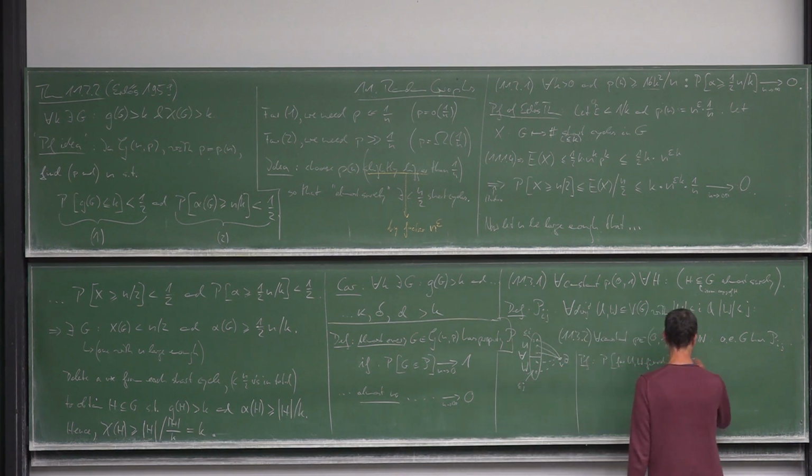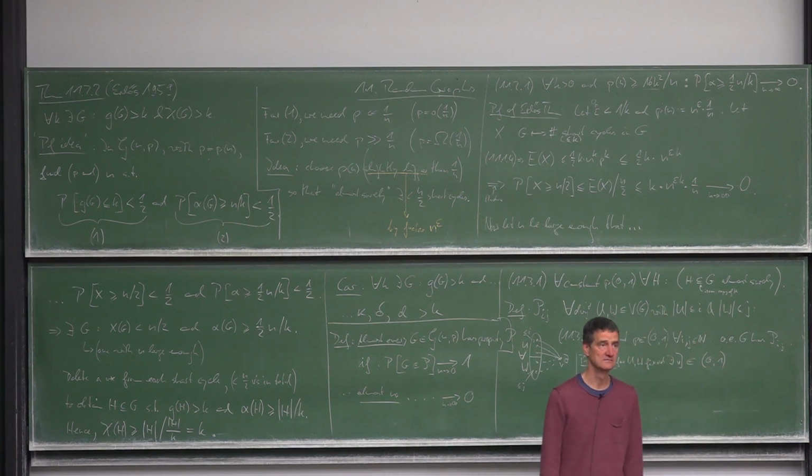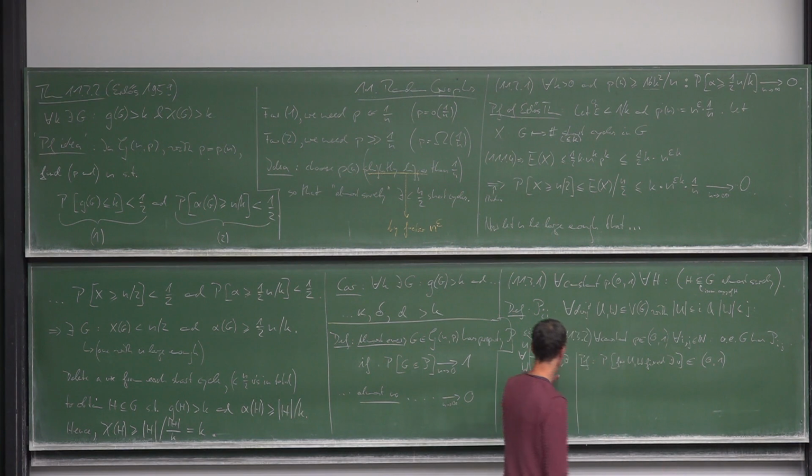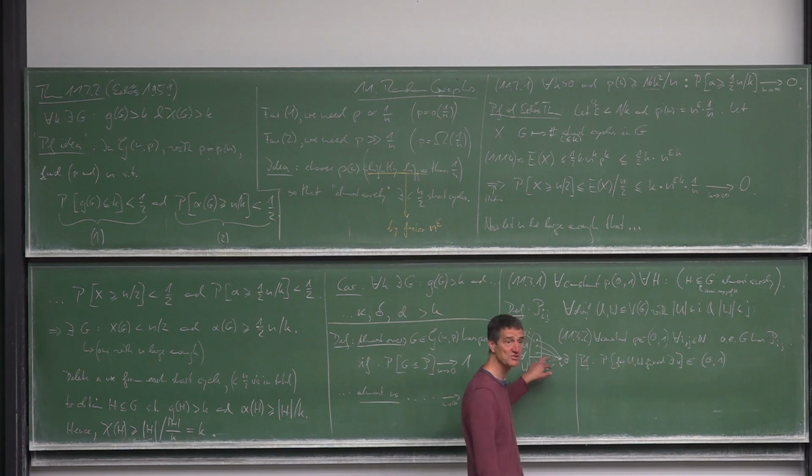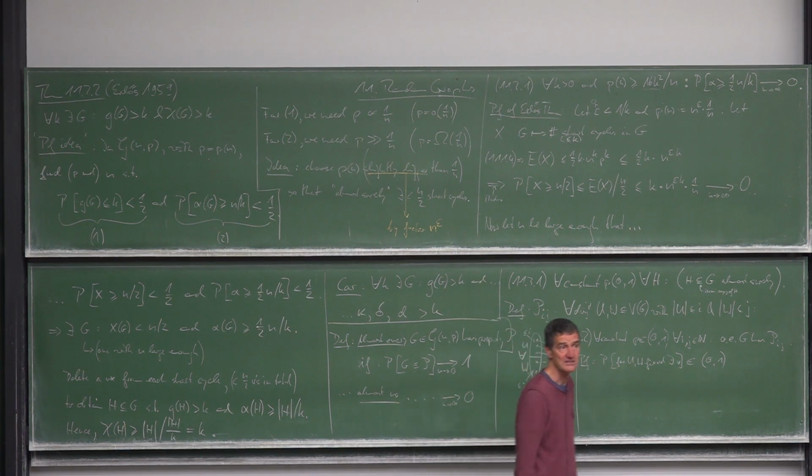Well, it's some number between 0 and 1, that's all I care. Right, so this v has to have all these edges, that's some product of little p's, and times all these little q's, and that is still some number between 0 and 1.